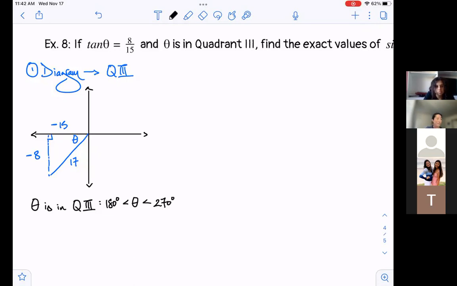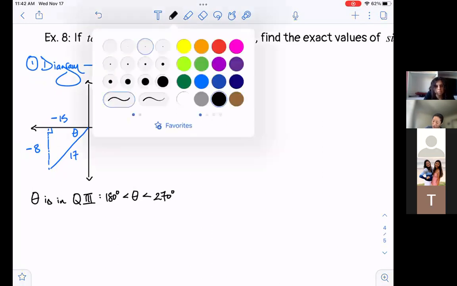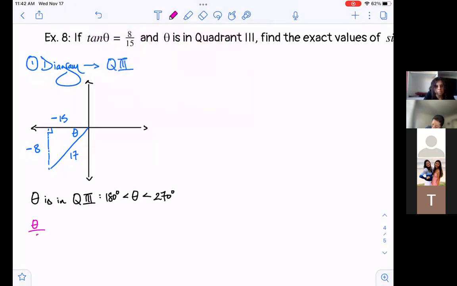Okay, so now let's figure out where theta over 2 is. Okay, and here's how I want you to do this. Theta over 2, all right? I took theta and I divided it by 2. Guess what I'm going to do to the 180? I'm going to divide it by 2. So what's my lower bound for theta over 2? 90.